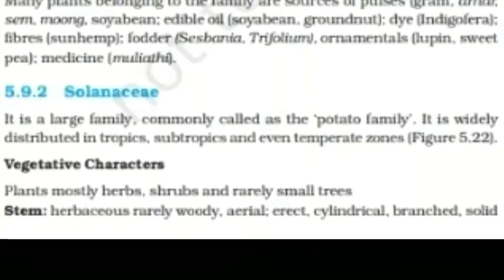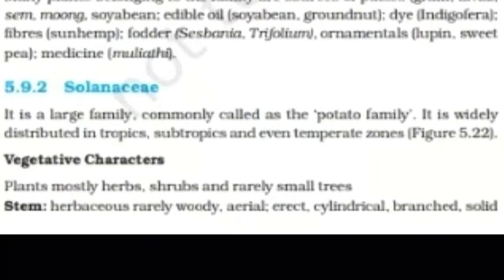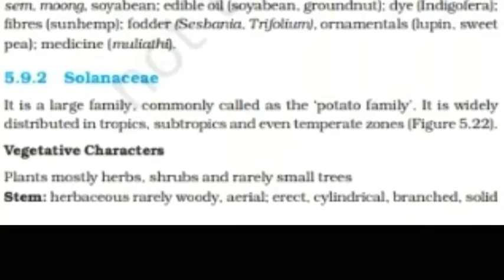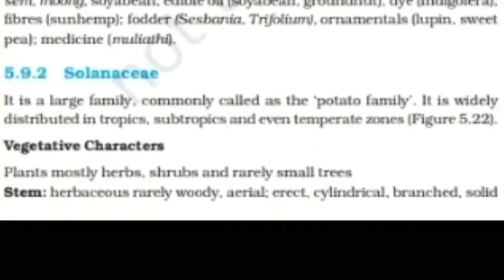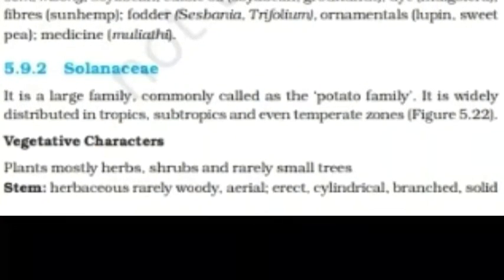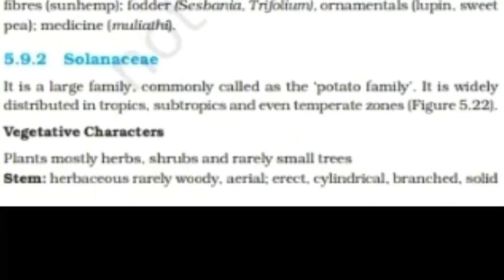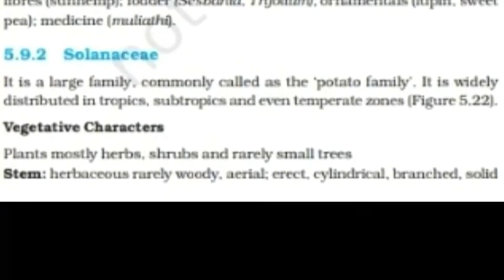Solanaceae. It is a large family commonly called the potato family. It is widely distributed in tropics, subtropics and even temperate zones. Vegetative characters: plants mostly herbs, and rarely small trees.